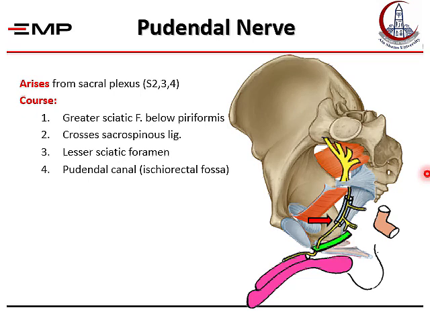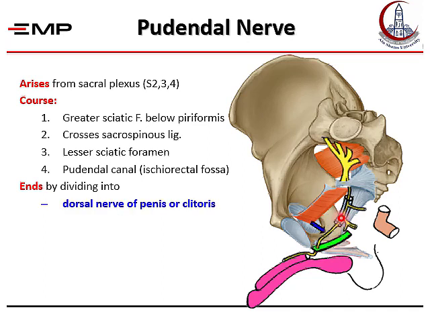And at the anterior end of the pudendal canal, it leaves the canal and divides into two terminal branches. Here it gives one nerve, which is the dorsal nerve of the penis, and a perineal branch, the perineal nerve.